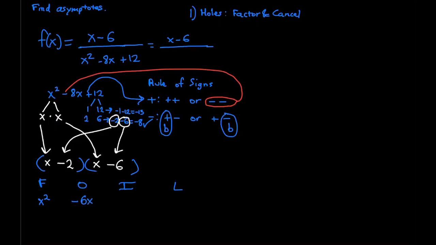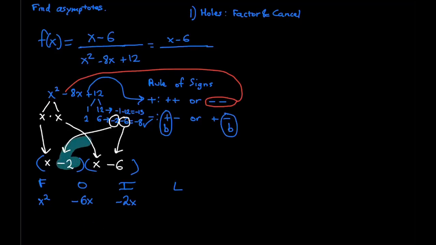You should put the -6 in front of the x for that one, just so it matches the inner term, because when you multiply the inner terms, the -2 and the x, you got -2x. And then these two, you can see it more easily that these are like terms.